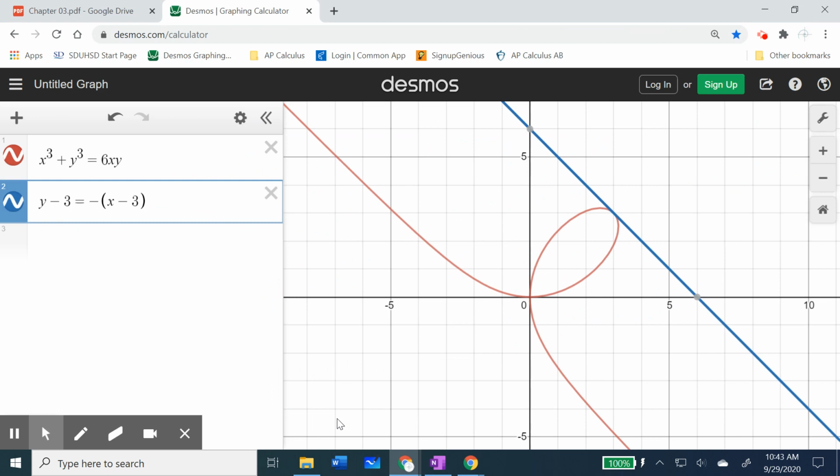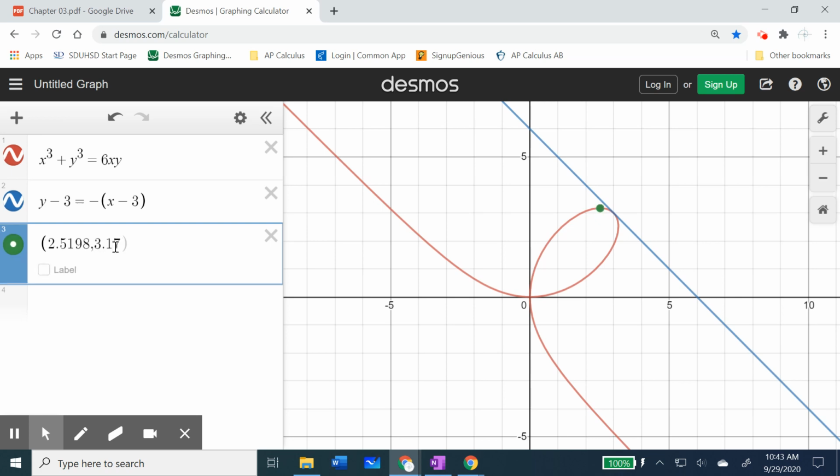So luckily I can see chat on the screen. I've got x coordinate 2.5198, y coordinate 3.176. And that said that was where I have a slope of 0.